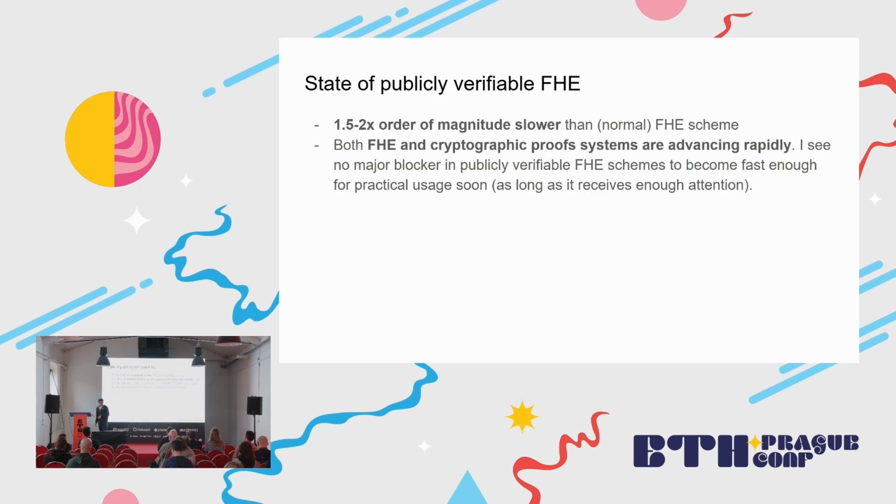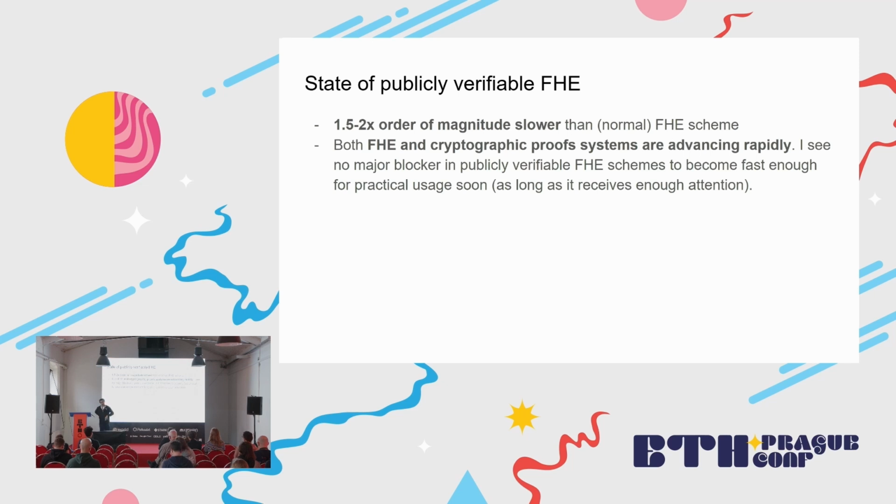Okay, so what is the state of publicly verifiable FHE? How practical is it? At the moment, you have to pay roughly 1.5 to 2 orders of magnitude cost over normal FHE schemes. But as all of us are aware, cryptographic proof systems and FHE are both advancing rapidly, and I don't see any blockers in bringing down the cost of publicly verifiable FHE to something more practical that we can use widely.